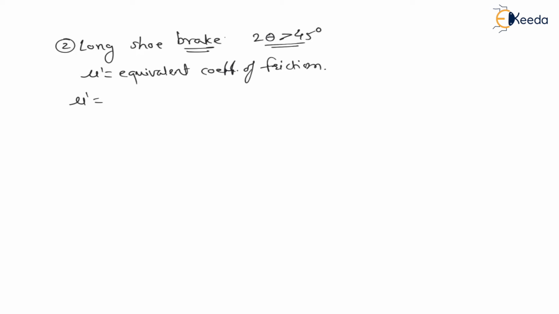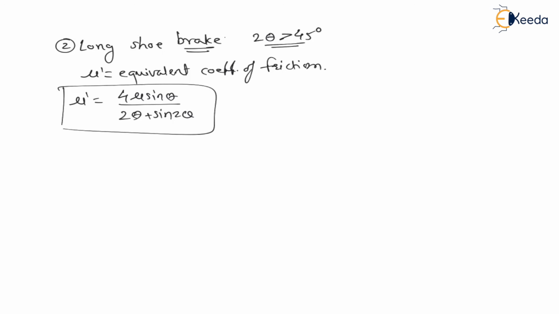The formula is mu dash equal to 4 mu sine theta divided by 2 theta plus sine 2 theta. This formula we have to use in case of a long shoe, and the frictional force is nothing but mu dash Rn.